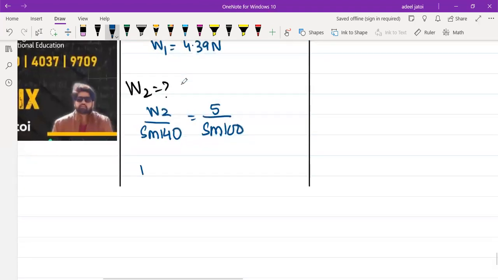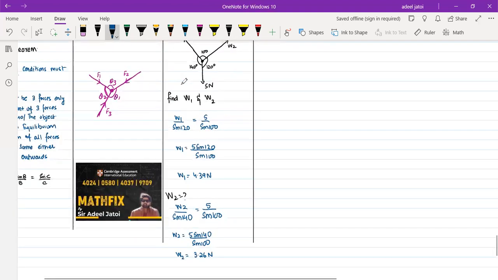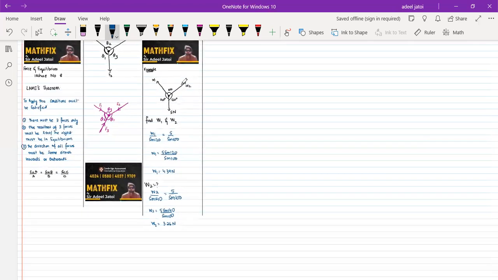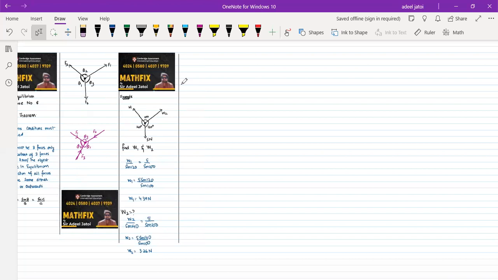So W2 will be 5 sine 140 upon sine 100. So W2 should be 3.26 Newton. So these will be the forces for W1 and W2. Moving to another example.